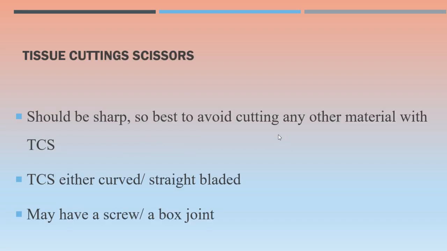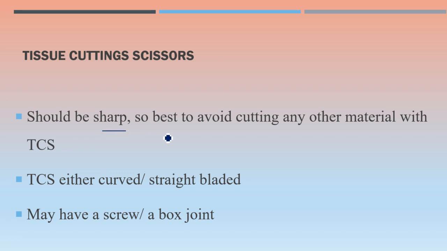Whereas tissue cutting, you must remember the Metzenbaum scissors, the curved scissors, that was a tissue cutting example. A few important qualities should be there in these tissue cutting scissors.